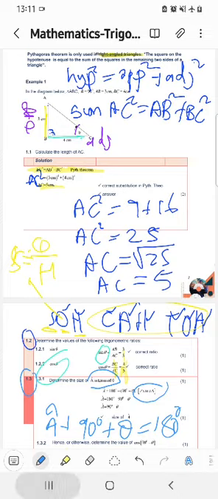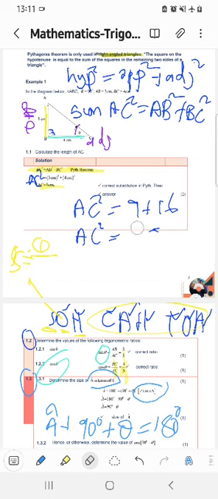Now how do you solve for A? Let me write it here.